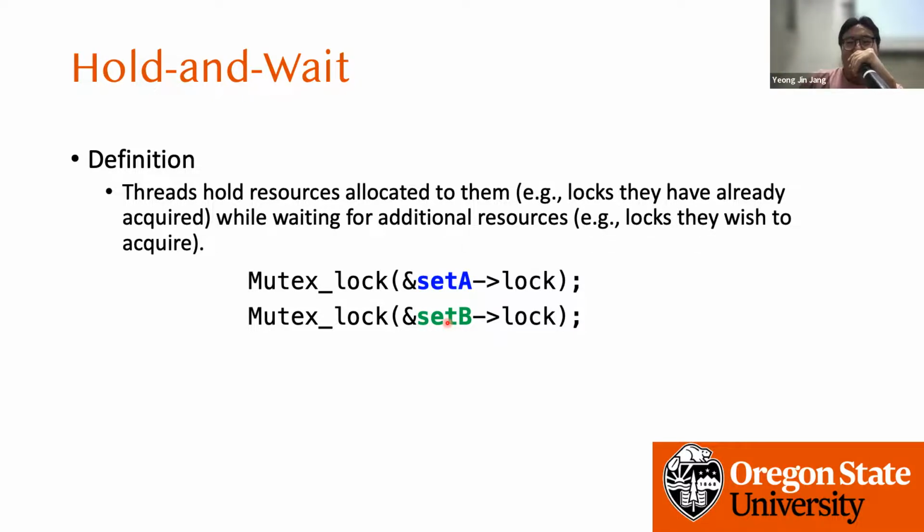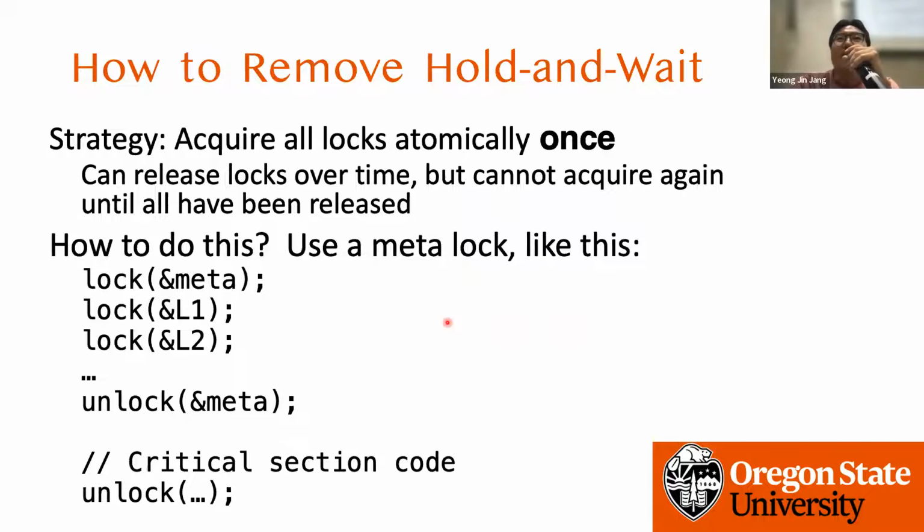To avoid that, we can introduce another lock called the meta lock. We can create another critical section just for acquiring the locks. That guarantees that in acquiring these multiple locks, only one thread will be involved. That's guaranteed by this outer critical section. So that's the way to avoid that.